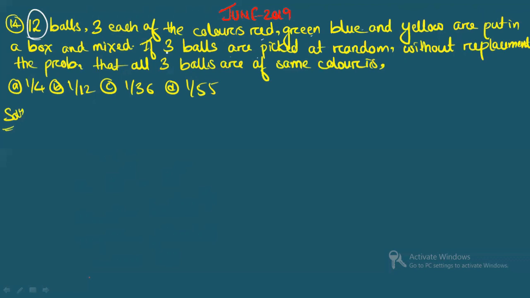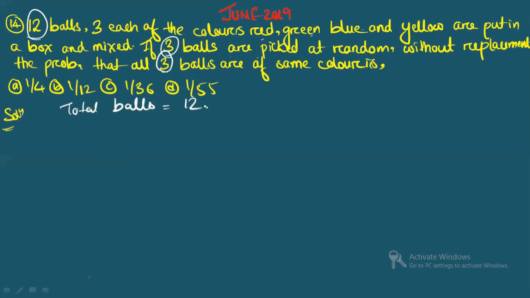Randomly you are picking up 3 balls without replacement, meaning if you pick up 3 balls, you are not keeping them back. You have to calculate the probability that all the balls will be of the same color. So the same thing we use, favorable divided by total. Total balls in this case is 12.